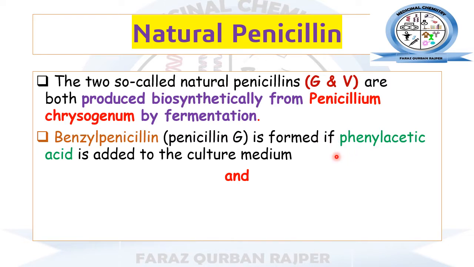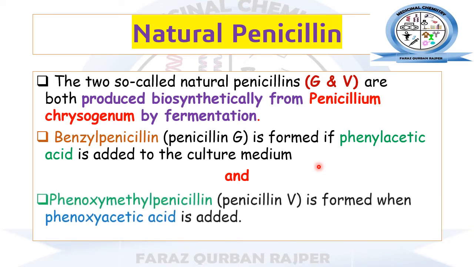So phenylacetic acid is added to the culture media of Penicillium chrysogenum for the production of benzyl penicillin, or what we say penicillin G. Benzyl penicillin is another name used for penicillin G due to the presence of the phenyl or benzyl ring at the 6-acyl amino side chain.